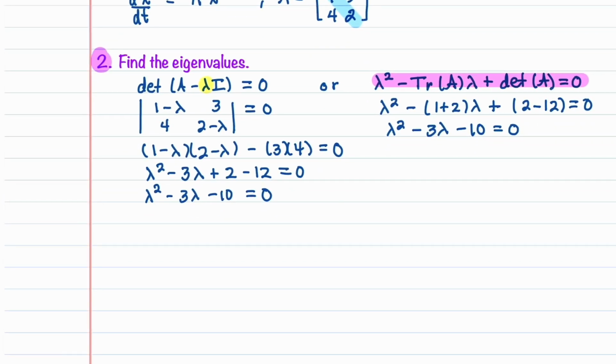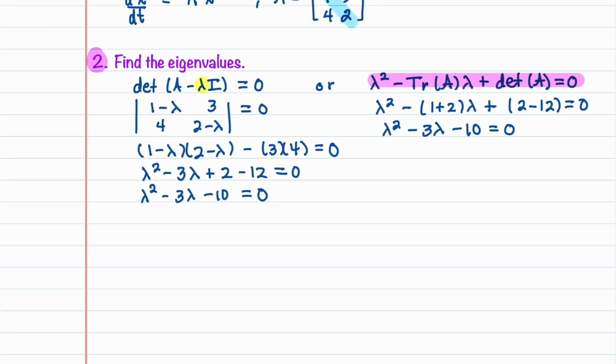Let's go down here and let's go ahead and factor this. We can factor this as lambda minus 5 and lambda plus 2 is equal to 0. So this gives us lambda is equal to 5 and lambda is equal to minus 2. I'm going to let lambda 1 be equal to 5 because that's the biggest eigenvalue and it's called the dominant eigenvalue.